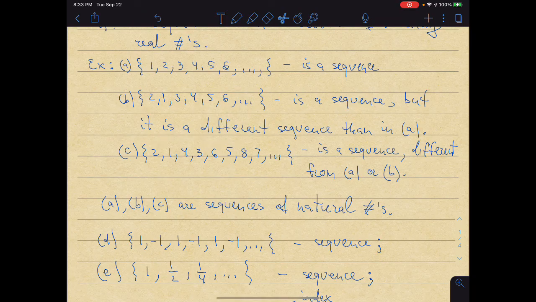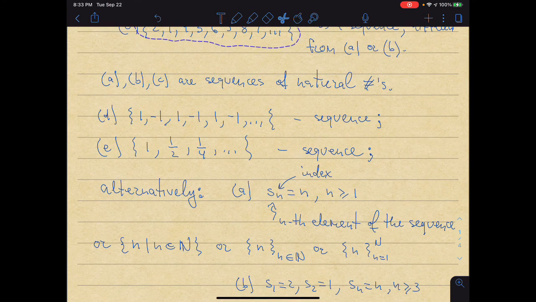Still the same with the sequence C, because as n increases, terms of the sequence also increase. Each term here is either n minus 1 or n plus 1, depending on at which position this term is located, even or odd. But it doesn't matter, as n gets bigger, terms of the sequence get bigger, so once again, the expectation is that this sequence goes to infinity.